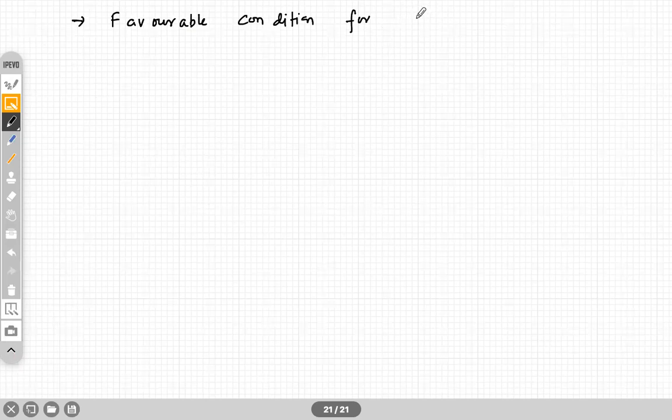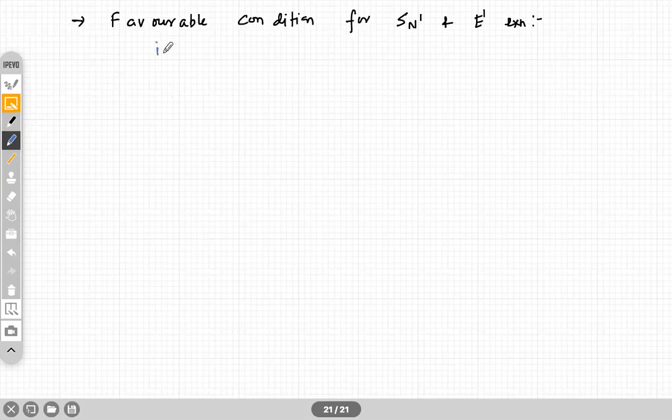For SN1 and E1 reaction, the condition is what?